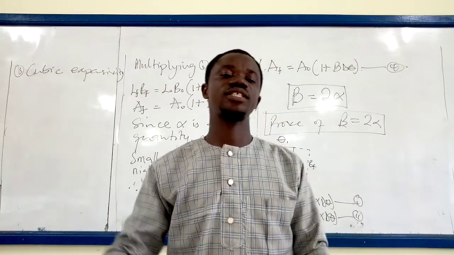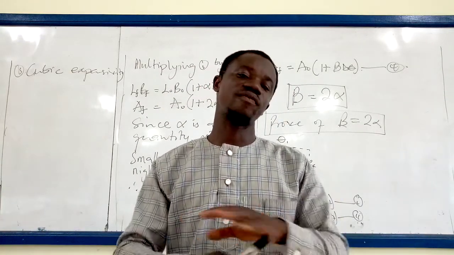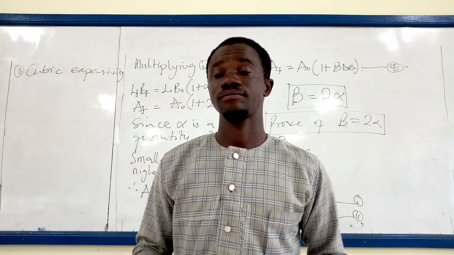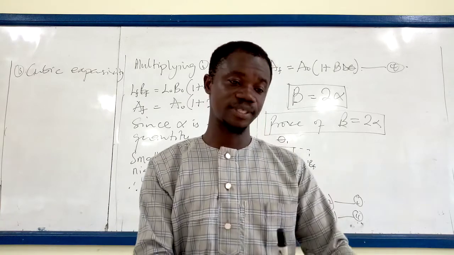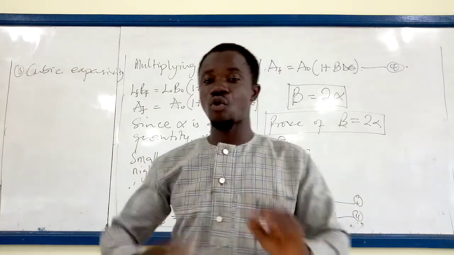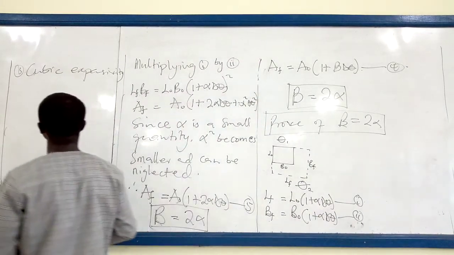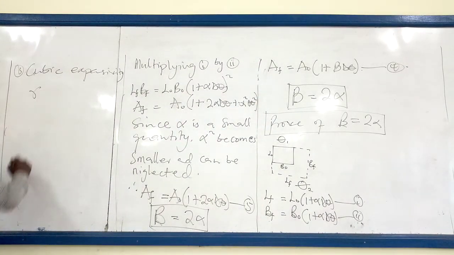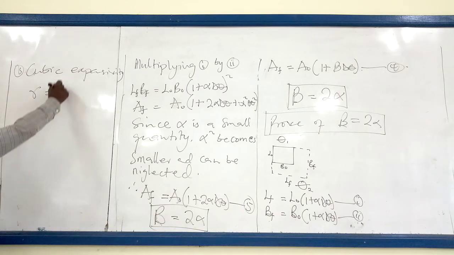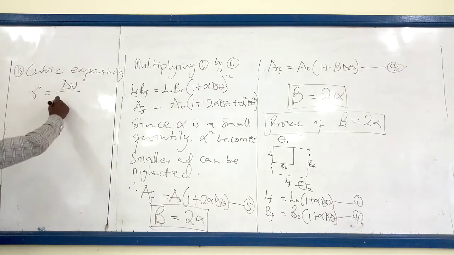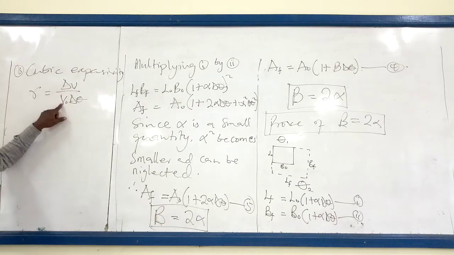Cubic expansivity or coefficient of volume expansion, that is the other name for it. Good. That one is given by gamma, and it is equal to change in volume per original volume per change in temperature.